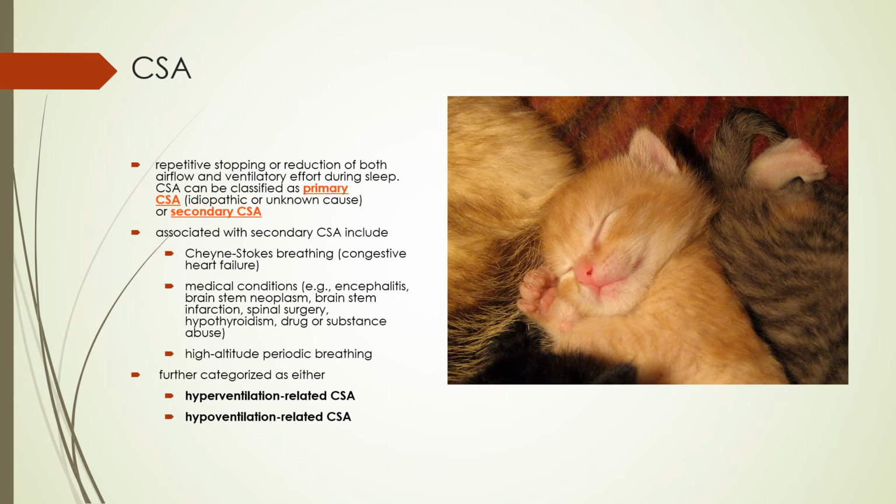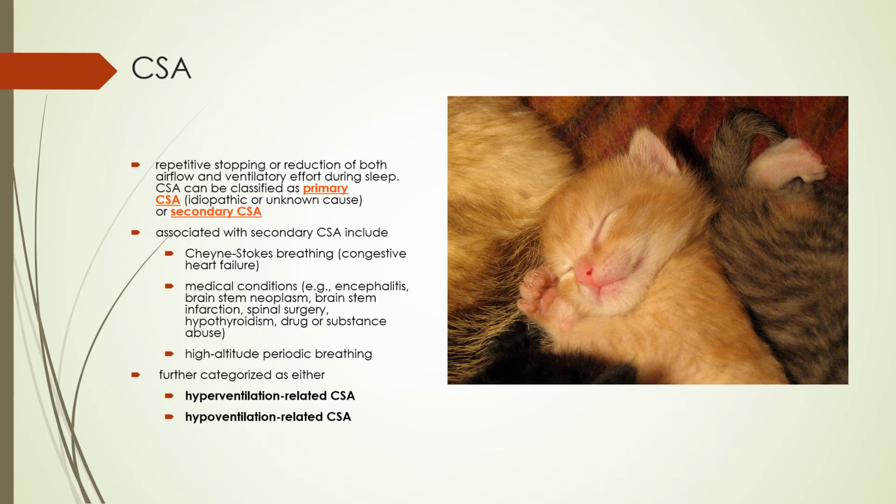This is where they'll have the stop of respiratory effort, and usually this can be a known or unknown cause, so it can be idiopathic or unknown. It's also called secondary, so primary and secondary are subcategories of central sleep apnea. Secondary usually includes Cheyne-Stokes breathing, and this is more common in your CHF patients.